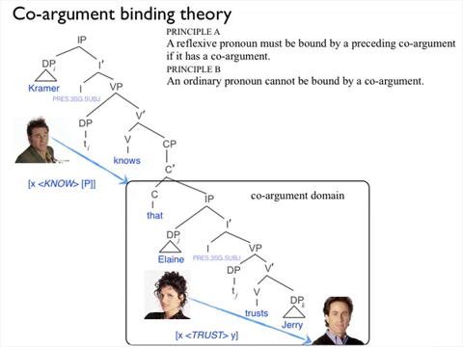Either one can be used, they make different predictions, they differ in certain ways. Those are two hypotheses. There are different hypotheses about how binding theory should be fleshed out. We've looked at some of the facts, how you would do them in co-argument binding theory and so forth. And now so that's hypothesis A. Hypothesis B we'll call the classic binding theory.